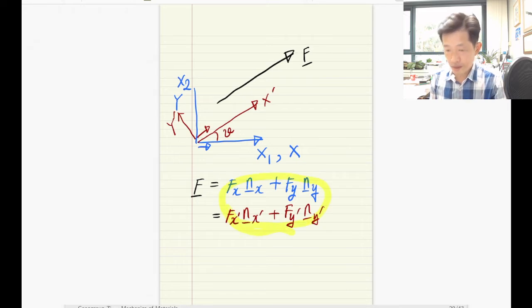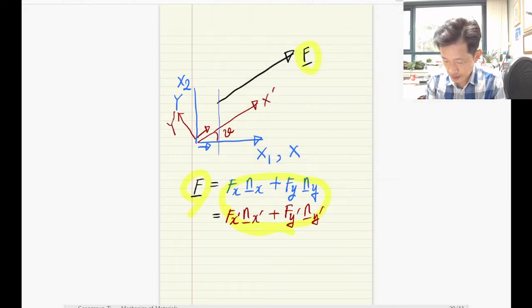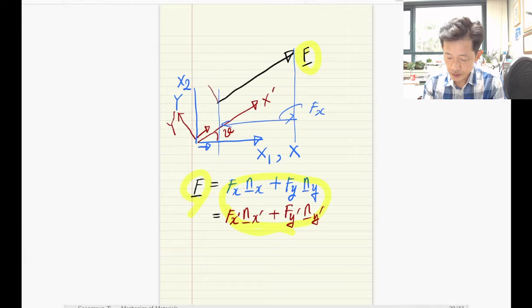So we are talking about the same vector here, but depending on the direction where we observe this vector, we have different measures, isn't it? So obviously, if you measure the vector F with respect to the blue coordinate system, its projection can be measured. This length is equal to Fx, isn't it? And then if you project the same vector to the red coordinate system, we have a different value. It is very obvious here, isn't it?